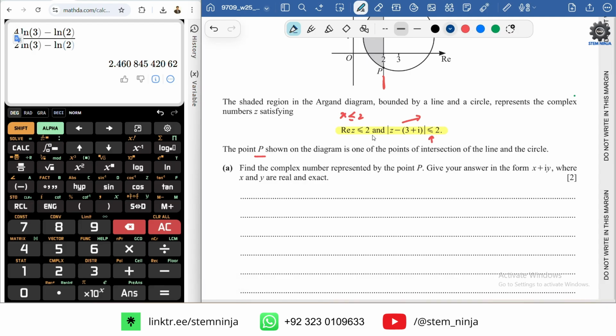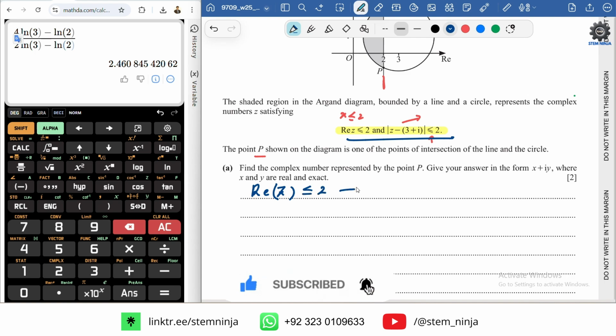So if we convert them into Cartesian form, Re(z) ≤ 2 can be written as x ≤ 2.